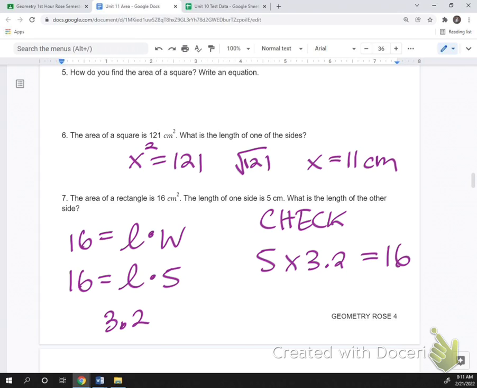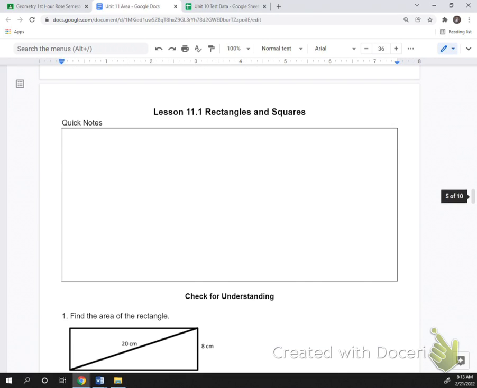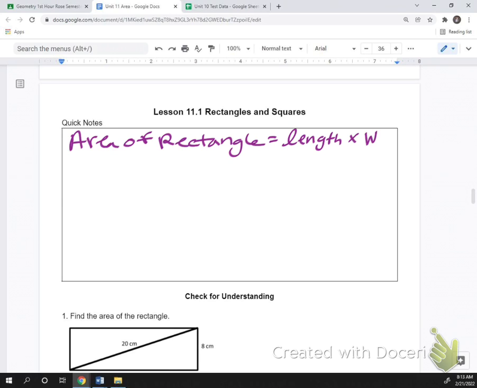Flip the page. Let's do our quick notes. The area of a rectangle is length times width.